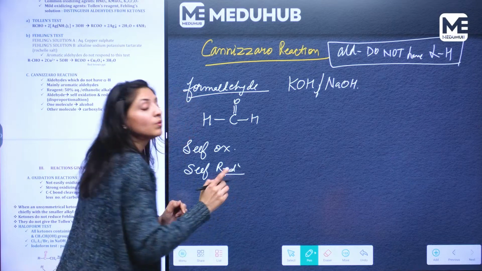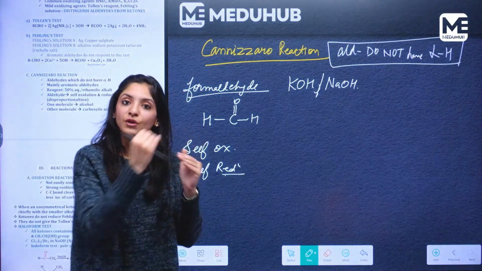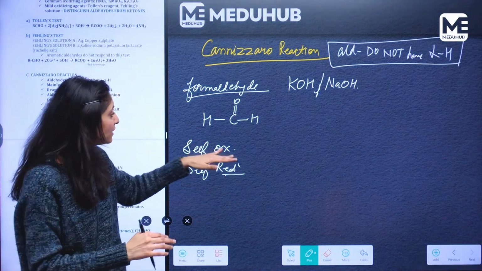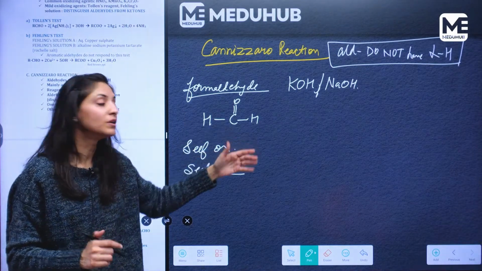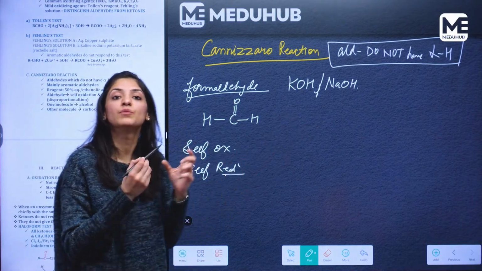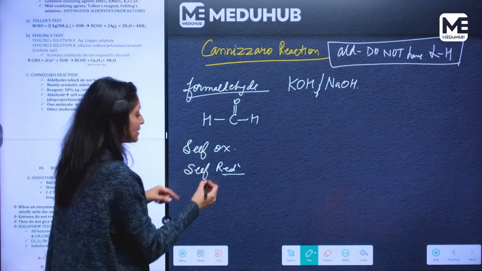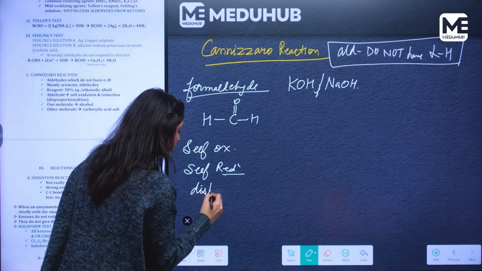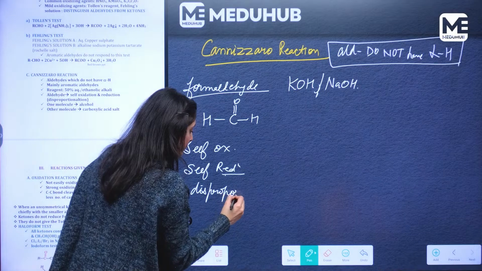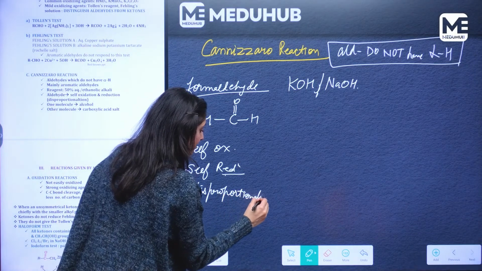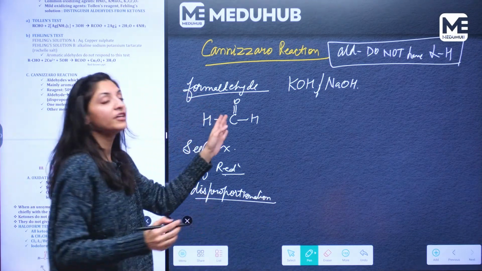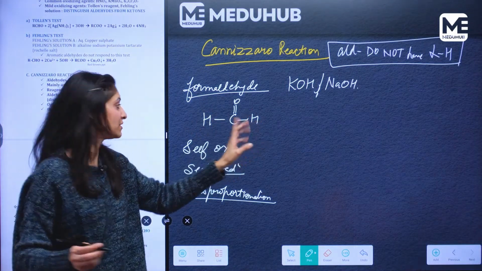So what happens? One molecule gets reduced to an alcohol, the other molecule gets oxidized to the carboxylate ion or the carboxylic acid salt. So this is a disproportionation reaction, where the same molecule is undergoing oxidation as well as reduction.